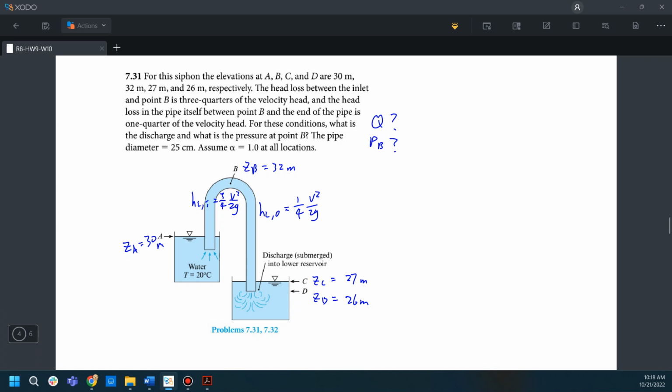The pipe has a diameter equal to 25 centimeters, that is equal to 0.25 meter. And assume that the correction factor is equal to 1 at all locations, so again, we will ignore this factor in our energy equation.